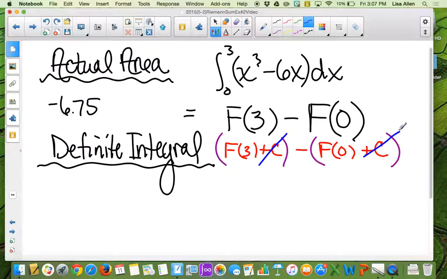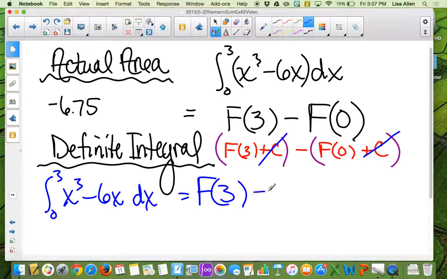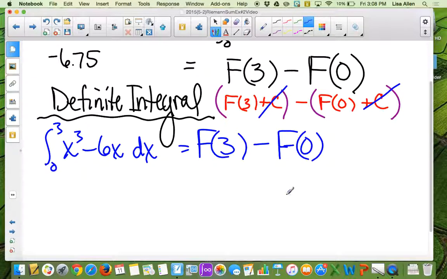So when we do that, then we have our antiderivative. I'm just going to write the whole thing: the integral from 0 to 3 of x cubed minus 6x dx is equal to capital F of 3 minus capital F of 0, which means we are taking the antiderivative and evaluating at the lower limit and then the upper limit.